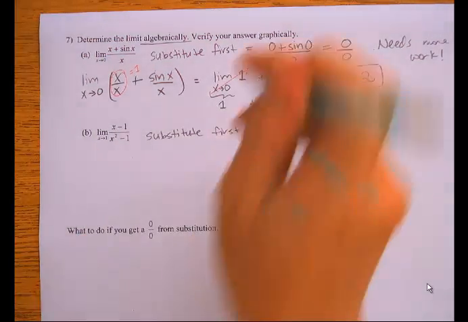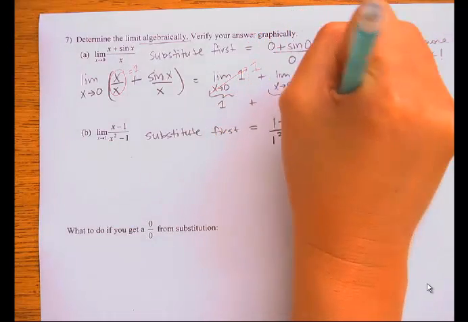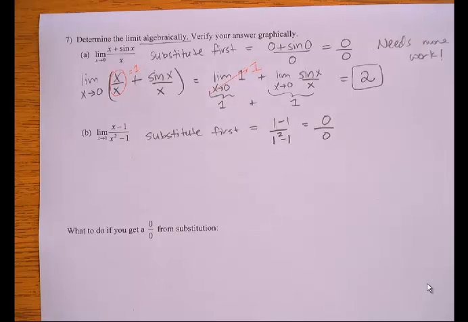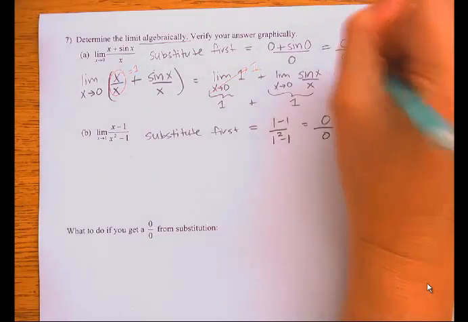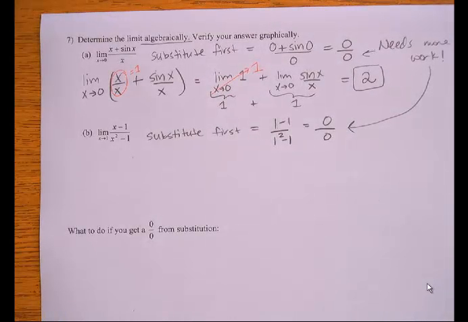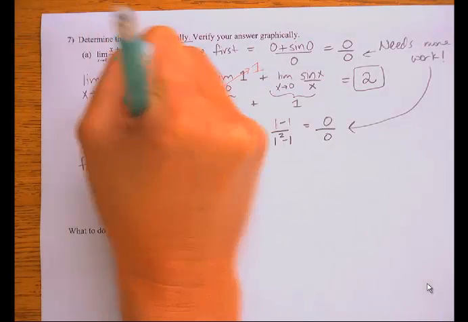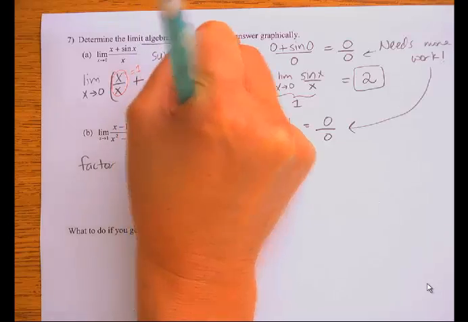So I plug in 1 in the numerator and I plug in 1 in the denominator, and unfortunately I end up with that 0 over 0 again. So this needs more work as well. But there's no sine x over x in here that I could use that special limit. So what I'm going to try here is factoring and then see if anything can cancel out.